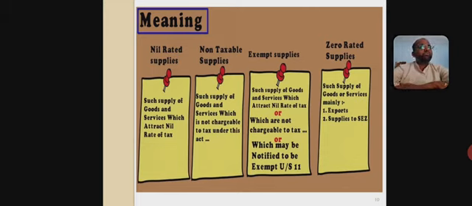This kind of supplies is to be treated as zero rated supplies. This is the difference between nil rated, non-taxable, exempted supplies as well as zero rated supplies.